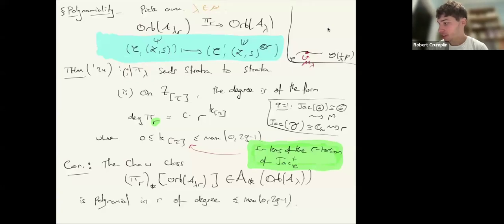And to show it's surjective, you need to draw a curve upstairs labeled with group mu of r times lambda and a line bundle. So I need an L such that L to the r is isomorphic to O of 1 over lambda times p.